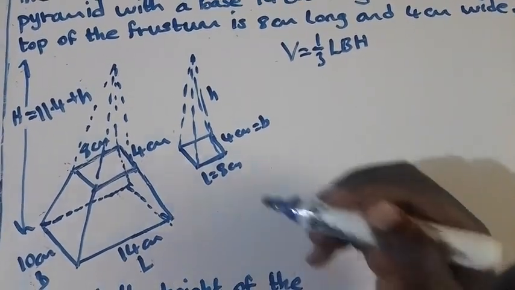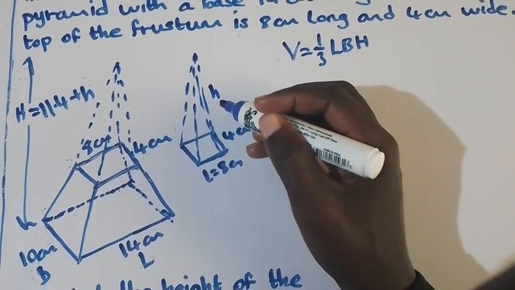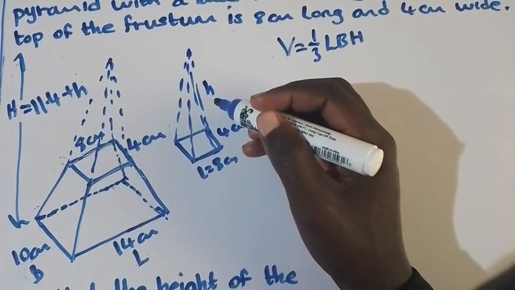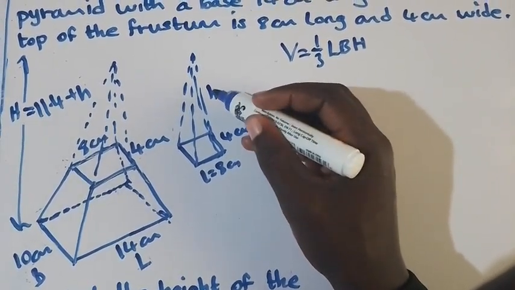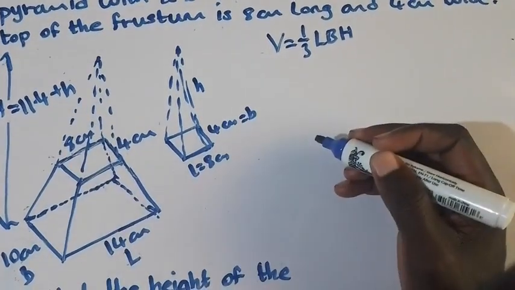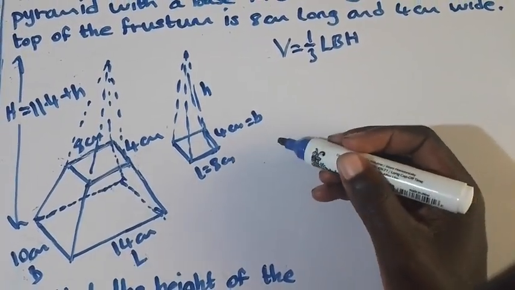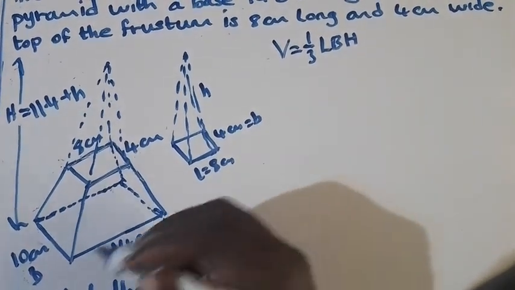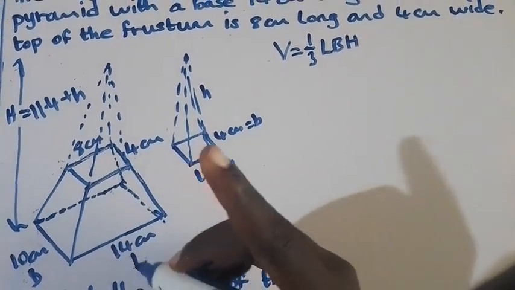To calculate this small letter h, we need to apply ratios, where small letter h corresponds to capital letter H. As for length and breadth, we need to choose one letter.